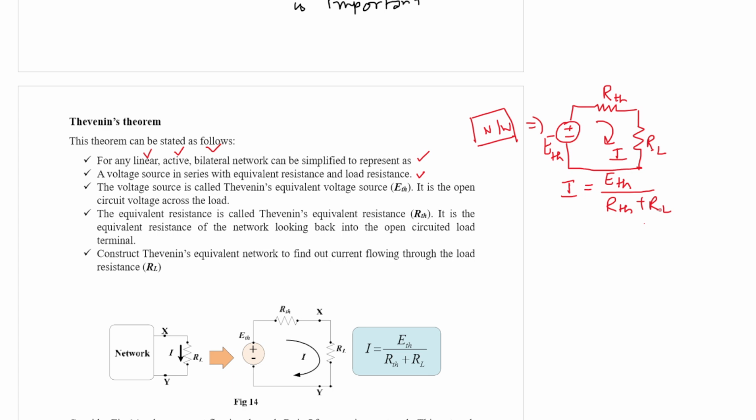Now what is that voltage source? It is called the Thevenin equivalent voltage, ETH.